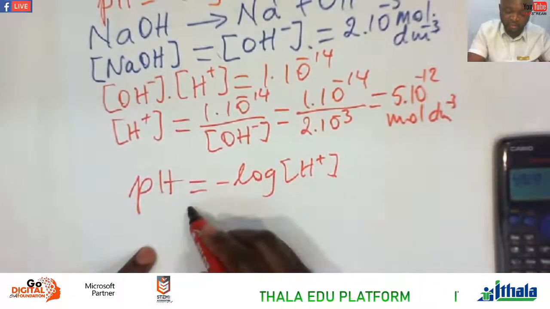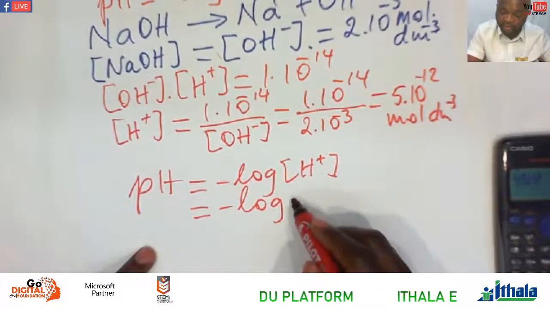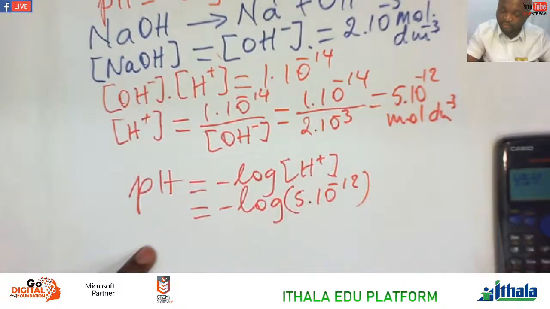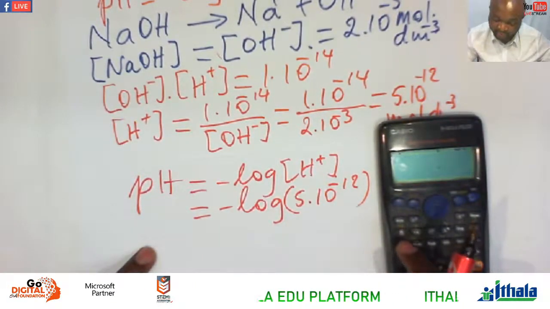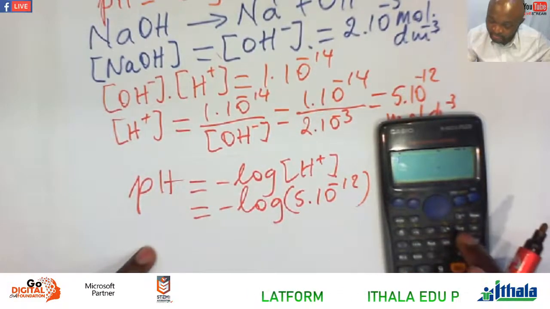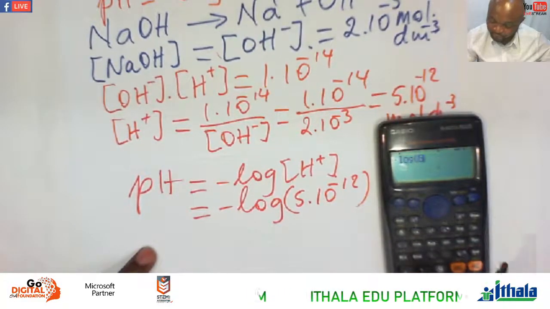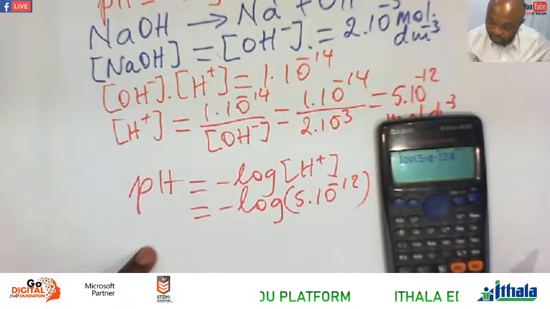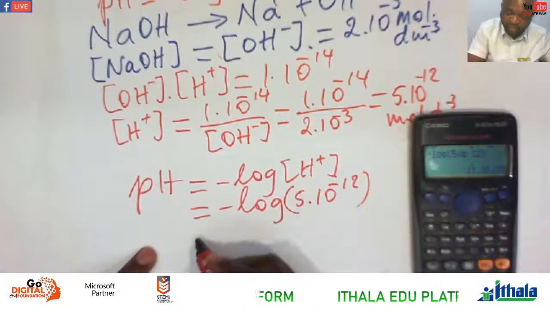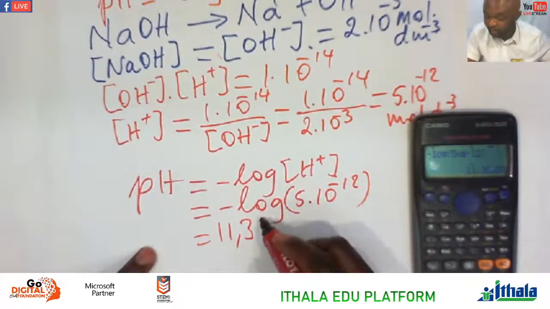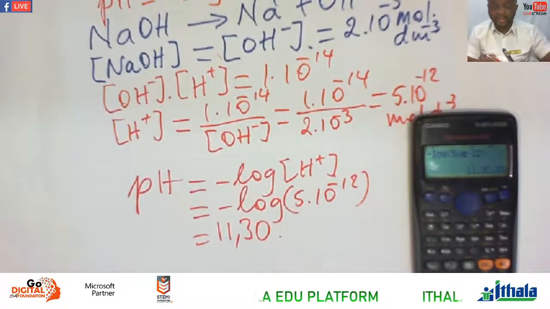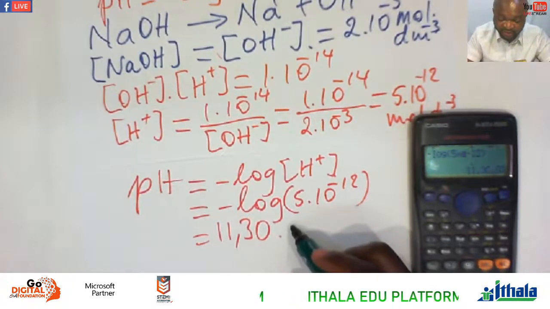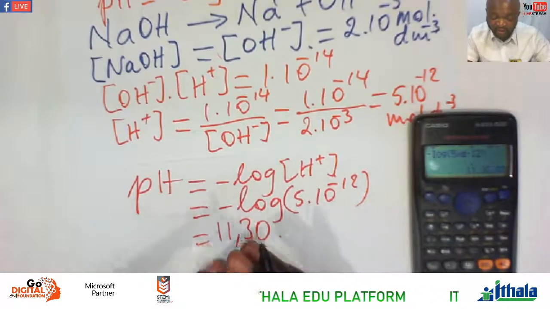H plus is 5 times 10 to the power negative 12. So we can now write minus log of 5 times 10 to the power negative 12. Right. Then from there, minus log of 5 times 10 to the power negative 12 gives us a pH of 11,330. Right. And another thing we must check is that it is 11, because we are talking about a base, we expect the pH to be above 7.